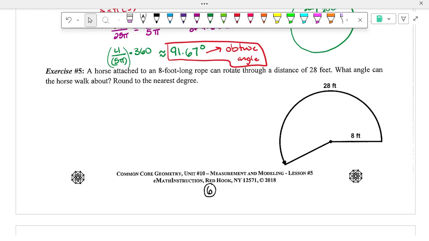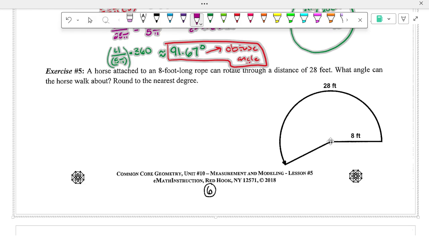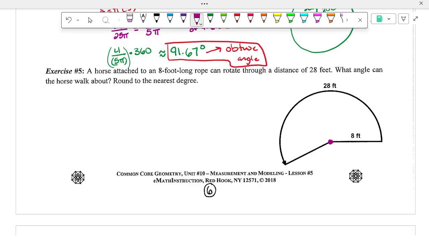All right. So first off, it says a horse attached to an 8-foot rope. If you put a stake in the ground, which is the center of the circle, the horse would be right here, attached to the rope. The horse walked around in a circle, pulling the rope taut, and the horse walked 28 feet.